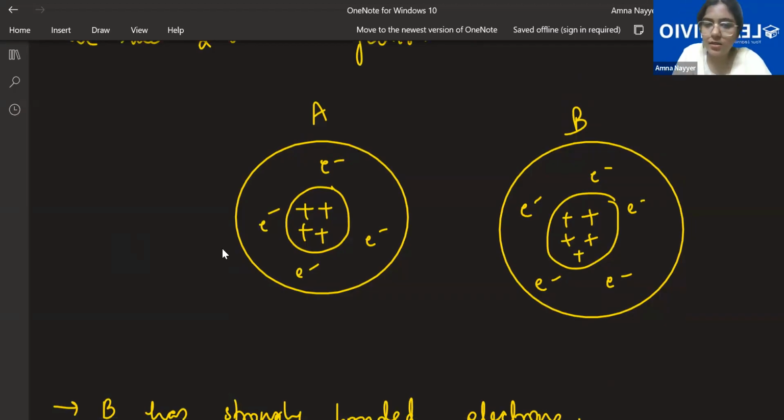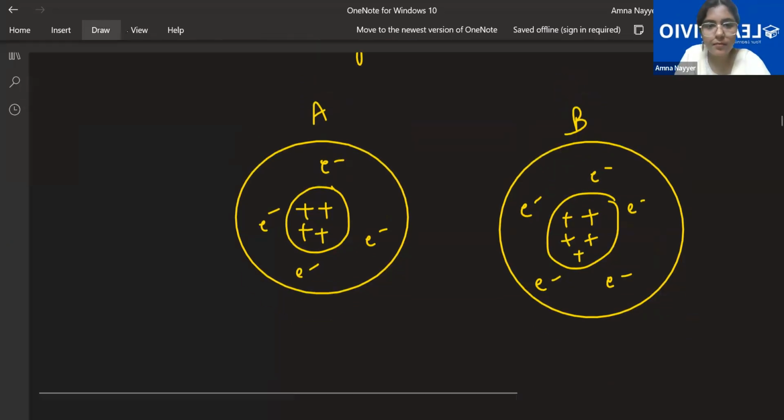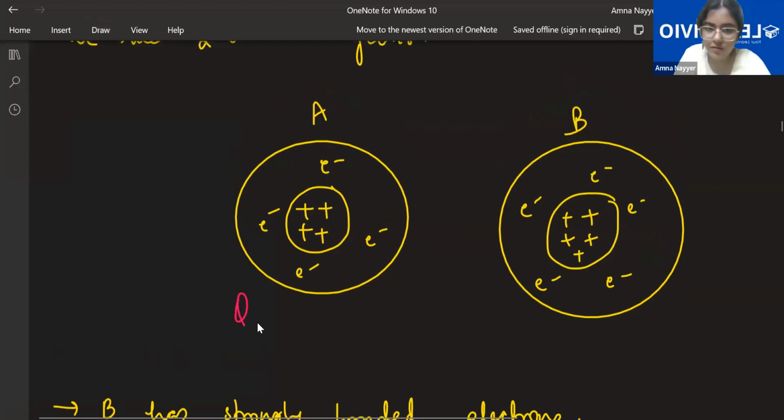So there are two atoms. Can you just tell me, Safrina, for the first atom, what's the net charge on this body? 0. Very good. This is plus 4e minus 4e. This is 0. Is it positive, negative?